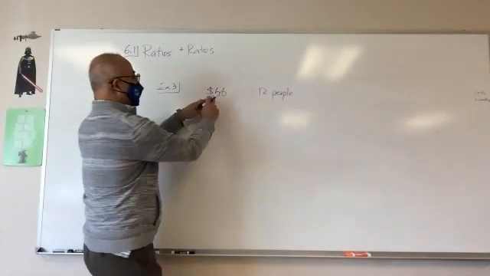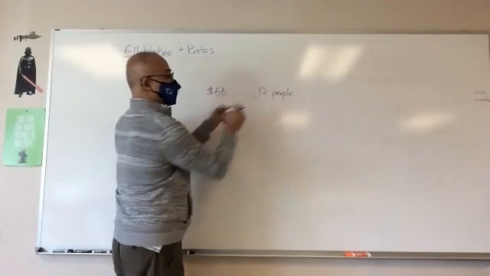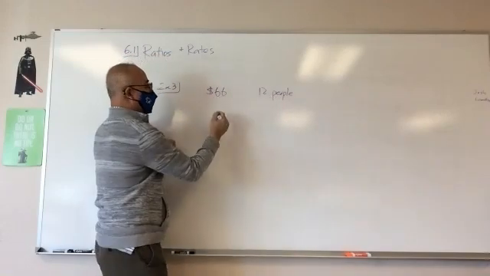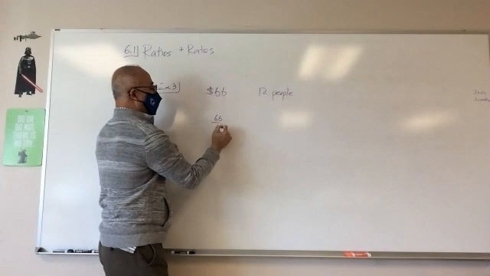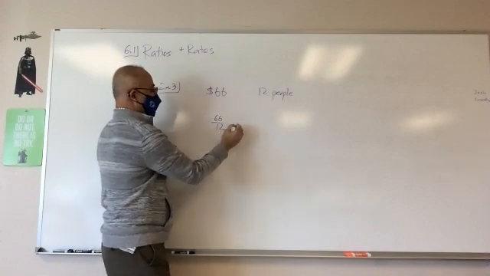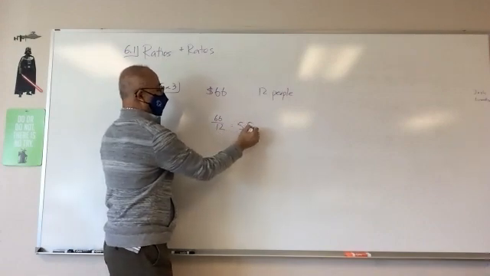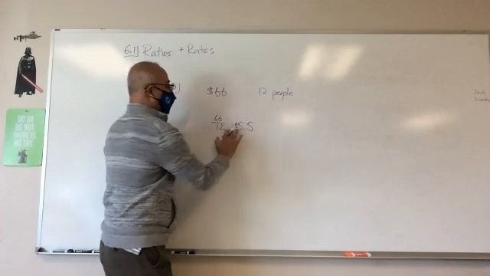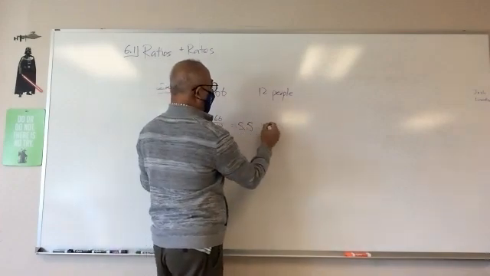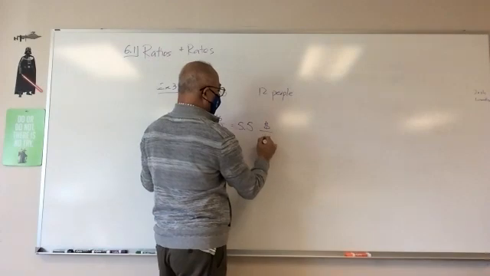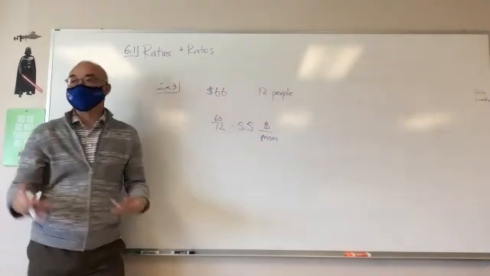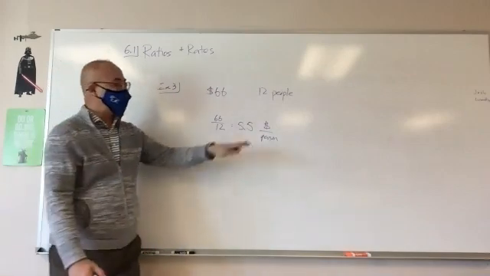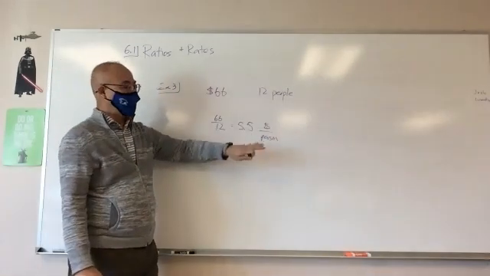So you take this and divide it by this. When I do this, I get 66 divided by 12, which turns out to be $5.50 per person. Which is what I'm trying to find out, right? How much money did I spend per person?